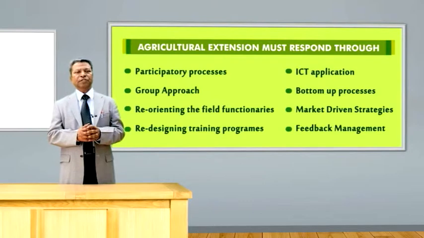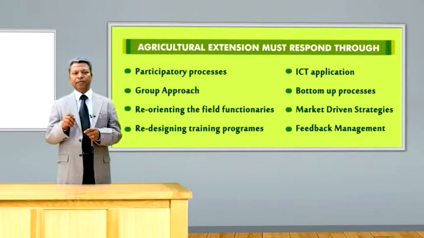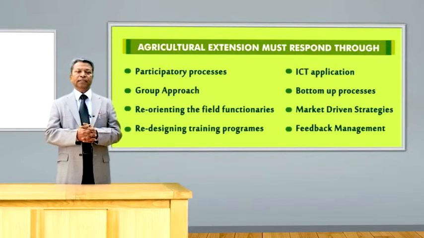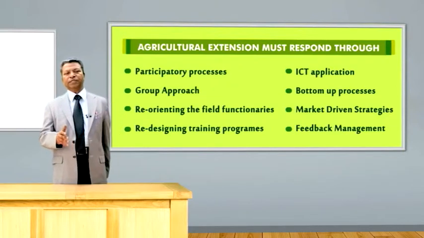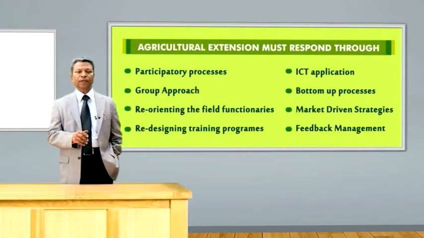Agricultural extension must respond by reorienting the field functionaries as per the need of the extension in a particular area. Accordingly, we have to redesign the training programs. ICT application has come up as one of the very important techniques in agricultural extension.